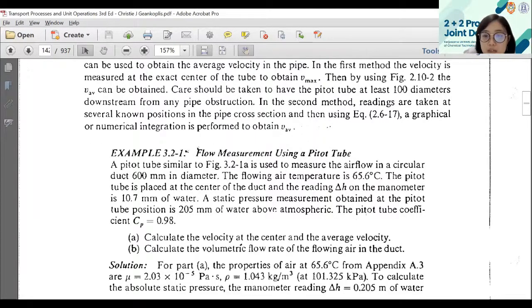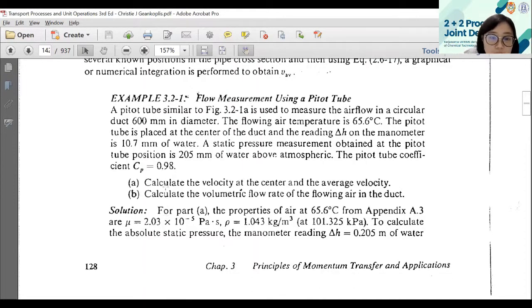Now the pitot tube coefficient CP is 0.98. I said to you, it should be known from the problem. And then we are asked to calculate the velocity at the center, which is Vmax, and the average velocity. We are also asked to calculate the volumetric flow rate of the flowing air in the duct.